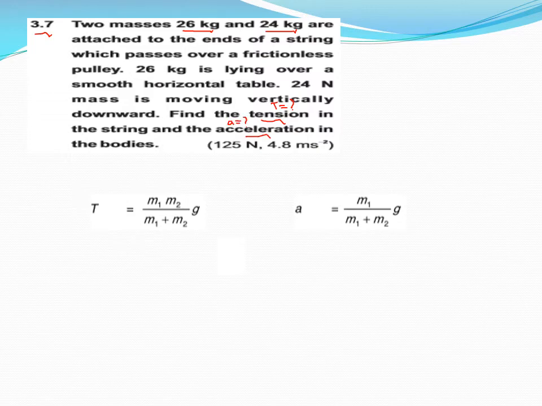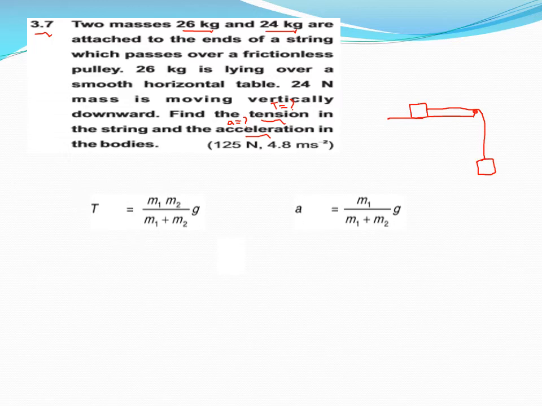So again, dear students, let me make it more clear. What is the situation given in this numerical? Suppose this is the table and a block of 26 kilogram is lying over here, and here is a pulley, and this body is attached with a rope, and after passing the pulley there is another body which is hung vertically.